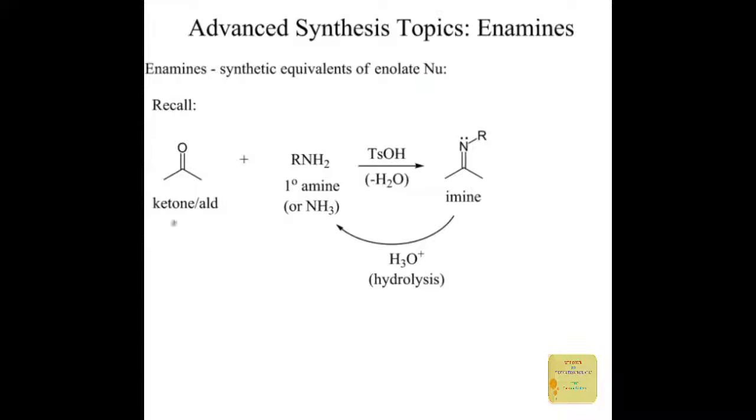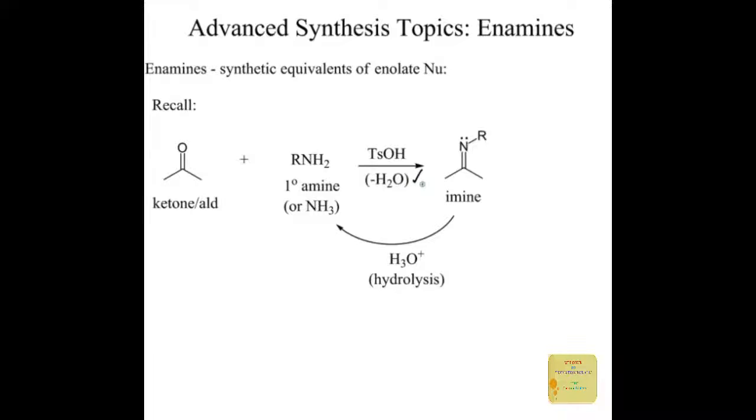First, let's recall if you have a ketone or an aldehyde and you react with a primary amine or ammonia and some kind of acid, you replace the C=O double bond with a C=N double bond. We call these imines, and the reaction is attack of the nitrogen nucleophile on the carbonyl, and then collapse of the tetrahedral intermediate to kick that water out.